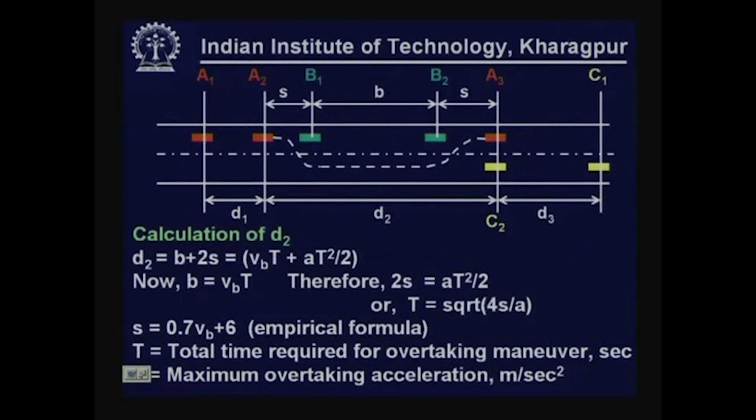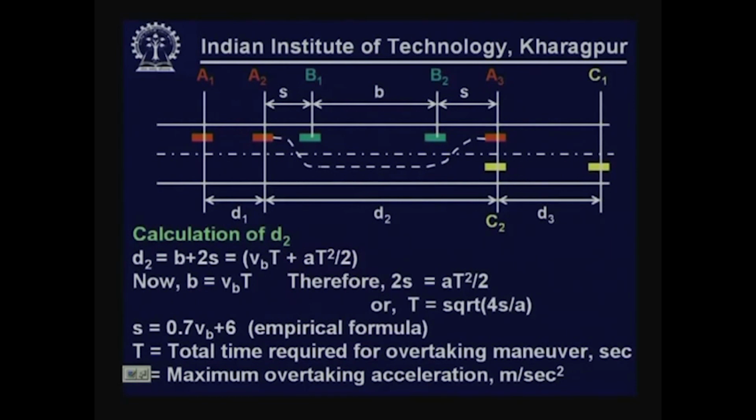Also, if we consider the fast moving vehicle, then this distance d2 can also be estimated as v_b into T, where v_b is the initial speed of vehicle A, plus half a T squared, where a is the acceleration applied by vehicle A and T is the total time required for the overtaking maneuver expressed in seconds. So, d2 is equal to b plus 2s, and again d2 is equal to v_b multiplied by T plus half of a T squared.